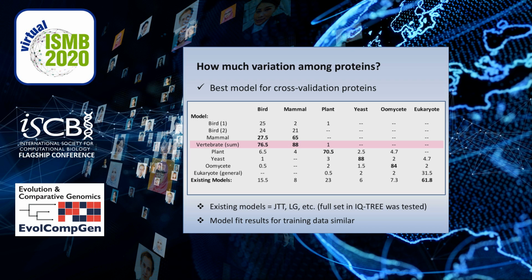And what we find is, yes, we can. 70 to almost 90% of the time, we can identify the group of organisms, at least to the level of vertebrates, plants, yeasts, or oomycetes.